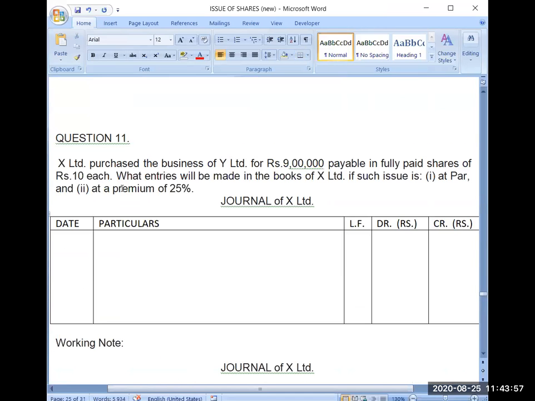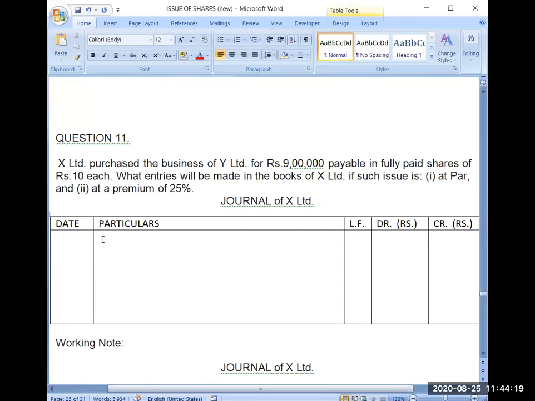Now when you are purchasing the business, what actually will you be purchasing? Assets, obviously, and there are two things in the business, assets and liabilities. So you can purchase only assets and liabilities of the business.